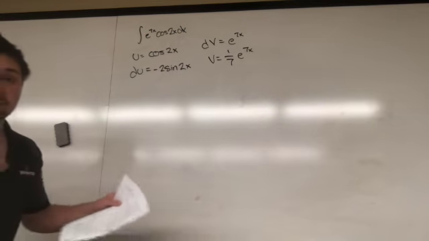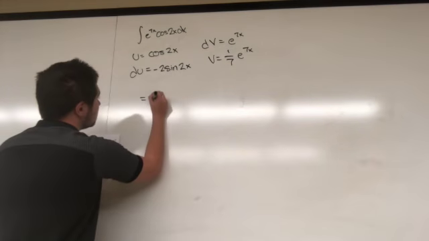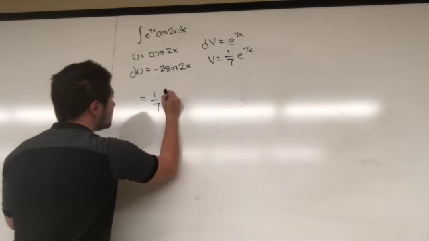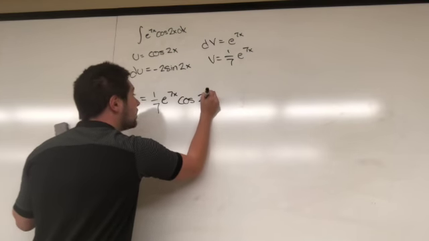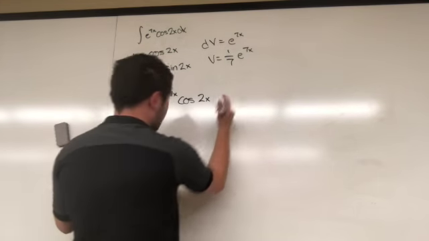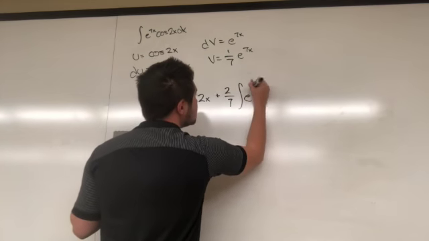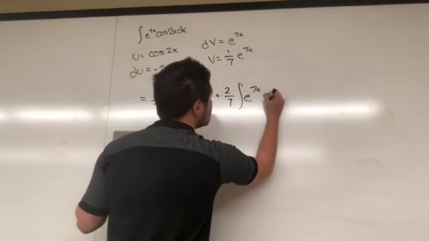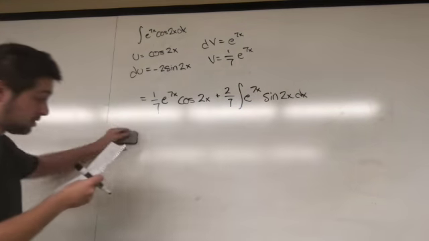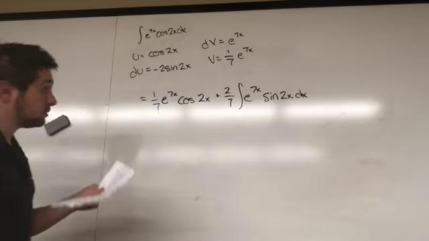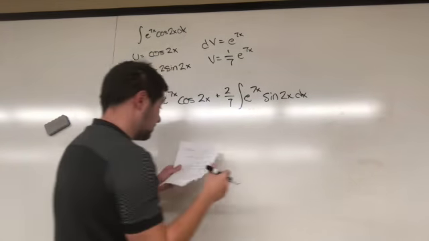All right, so now applying our formula, we get 1/7 e to the 7x cosine 2x, and then 2/7 integral e to the 7x sine 2x dx. If you look, we have once again an f of x and a g of x, so we have to do that again.